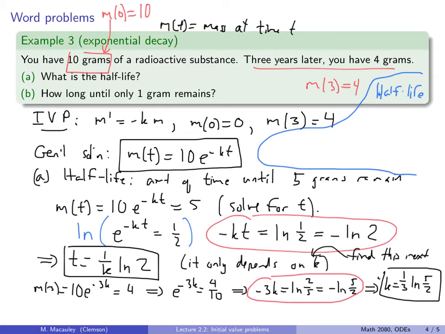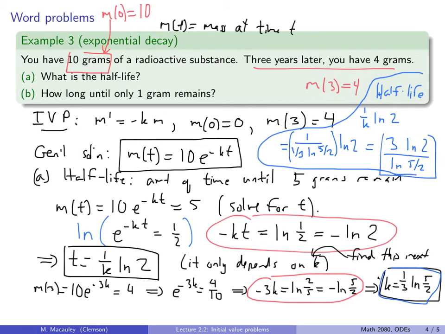The half-life was 1/k times natural log of 2, so if we plug k into that, we get 1 over 1/3 natural log of 5 halves times natural log of 2, and this simplifies to 3 natural log of 2 over natural log of 5 halves.